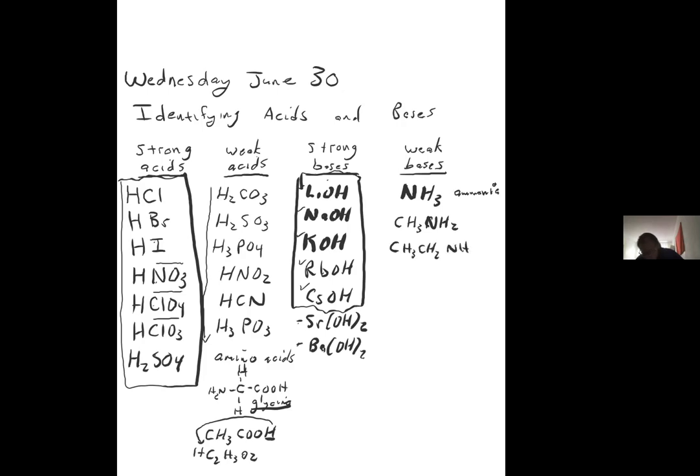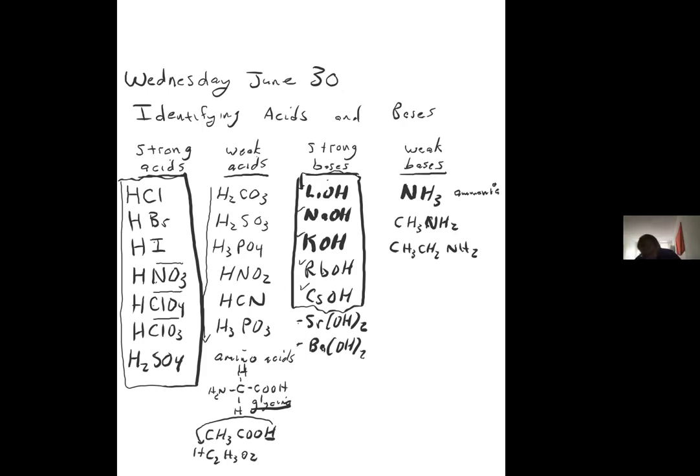CH3CH2NH2. So again, you've got the carbon and hydrogen, and then N and H2, NH3. Many of the chemicals that we ingest, like caffeine, nicotine, cocaine, morphine, are all essentially weak bases with nitrogen.